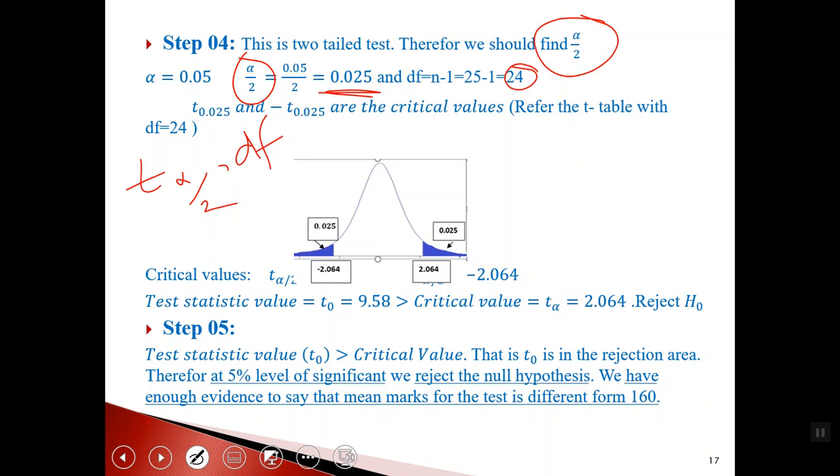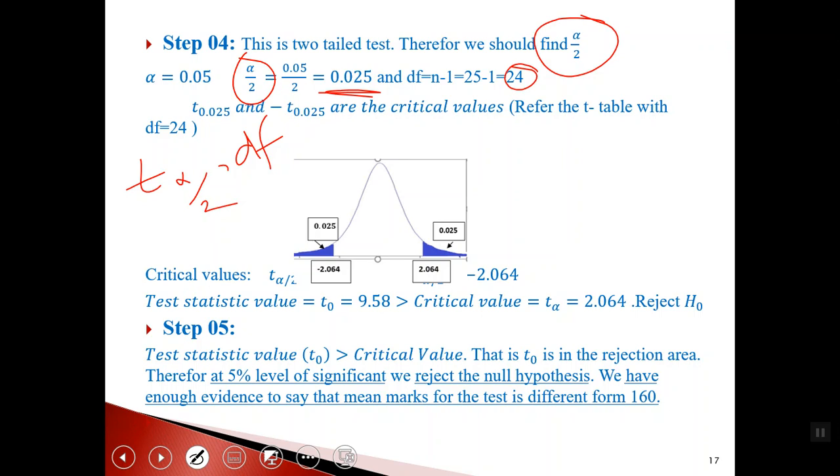Come down along this 0.025 column and go horizontally through this degree of freedom 24. When they meet each other, that's the value, that's the t alpha over 2 value.